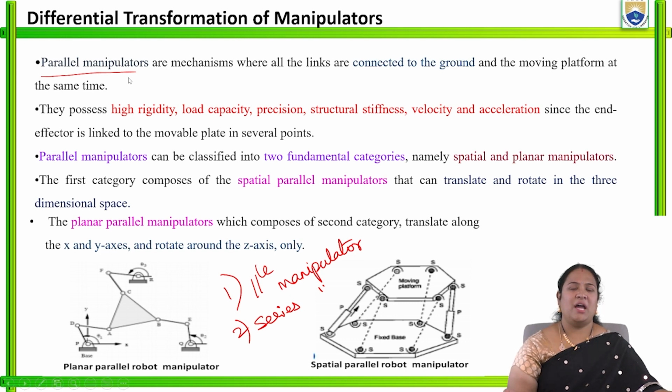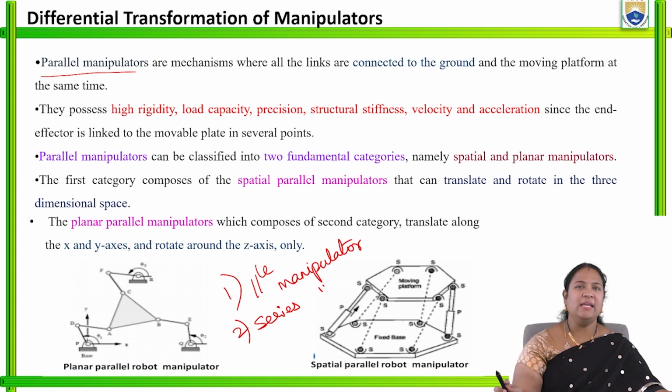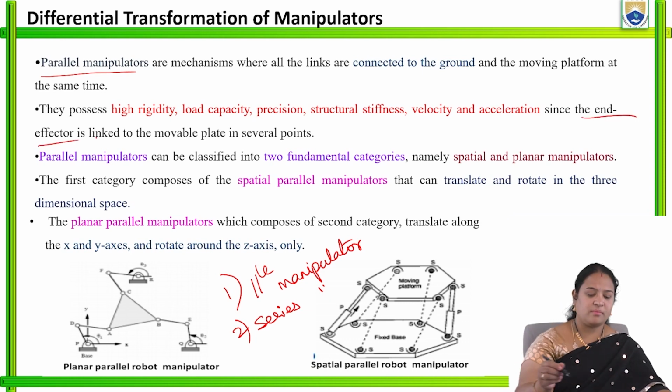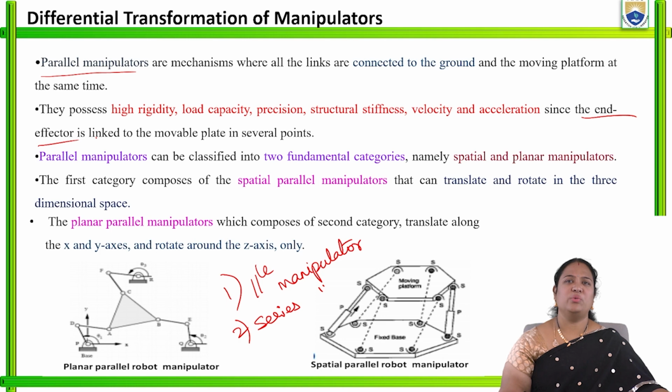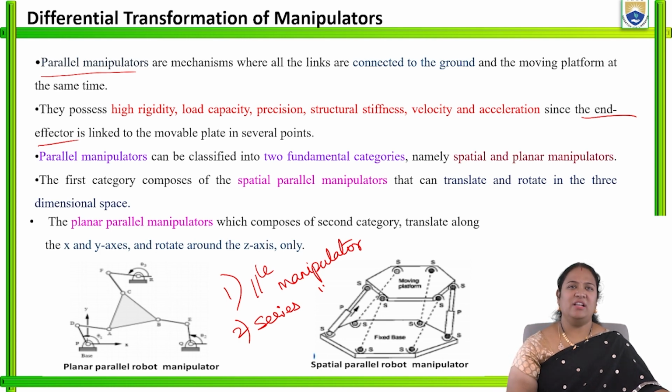In a parallel manipulator, the link of the robot is connected to the ground and the moving platform at the same time. So this type of manipulator has high rigidity, load capacity, precision, structural stiffness, velocity and acceleration at the end effector, where the end effector is linked to the mobile plate.